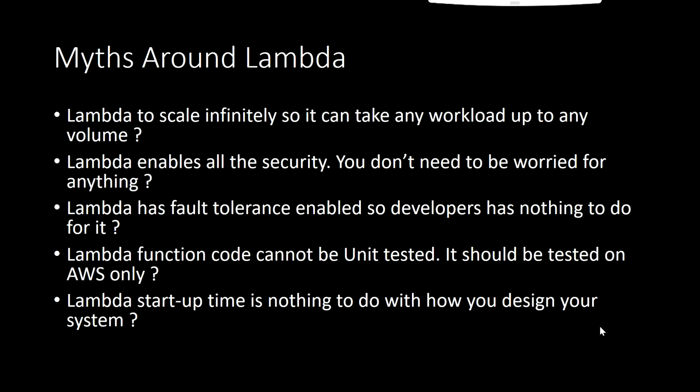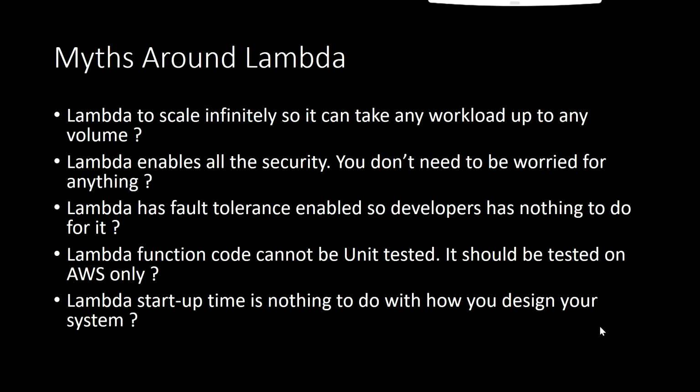If it goes down, I don't have to worry about that because Lambda takes care of it. Yes, that is true that Lambda takes care of it if you configure it correctly, to have a high availability and fault tolerant system. So developers have to consider this while designing their application.